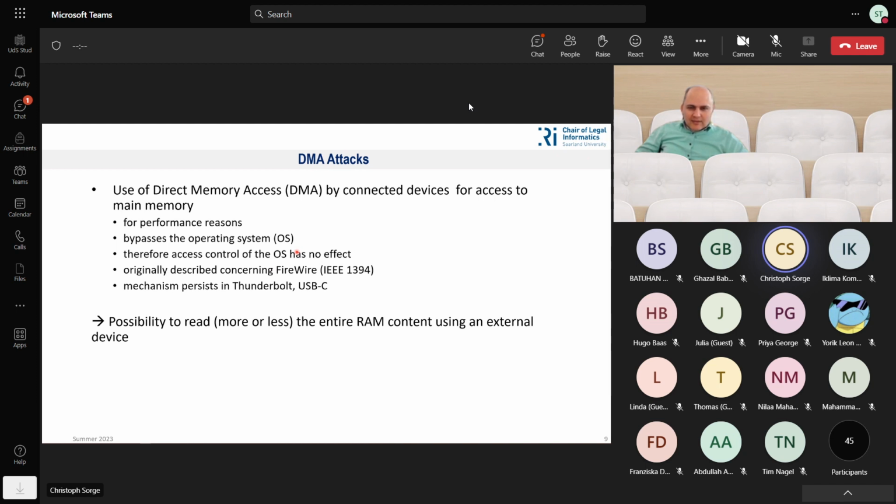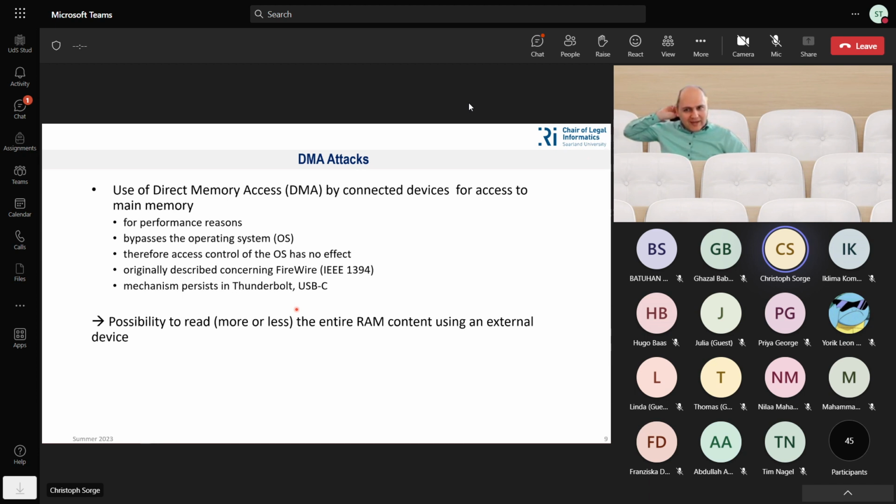So that means you can basically read the entire RAM content using an external device without being stopped by any access control mechanism. So obviously, that is not a good idea to allow that access.